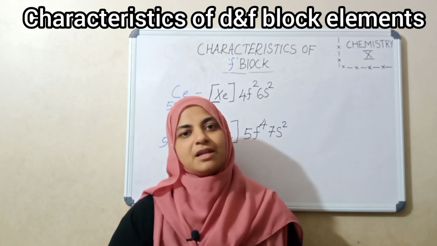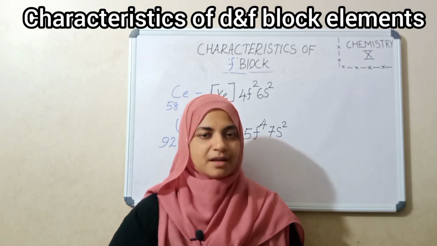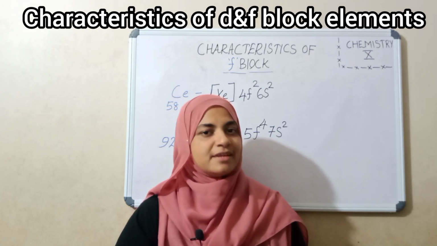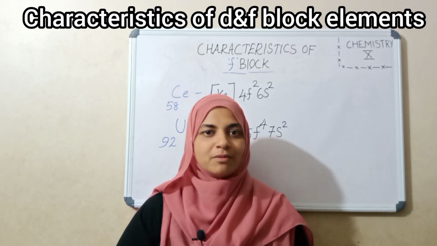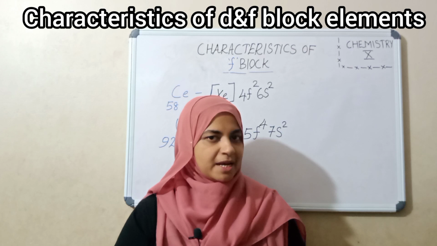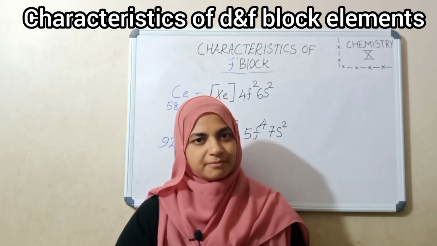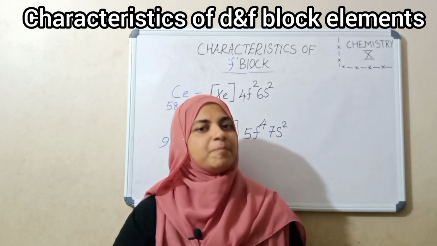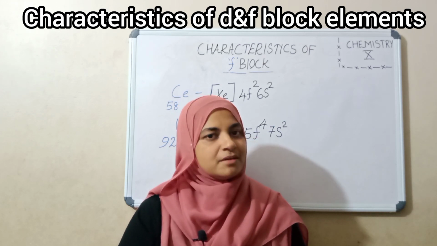This f subshell is in the anti-penultimate shell. What is meant by anti-penultimate shell? We already said in d block, penultimate shell. Penultimate means just before the last shell. Then anti-penultimate shell means just before the penultimate shell.